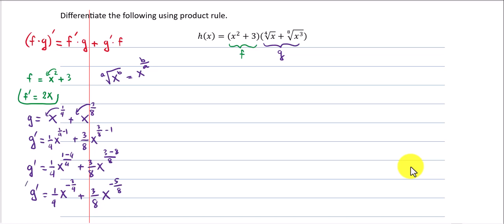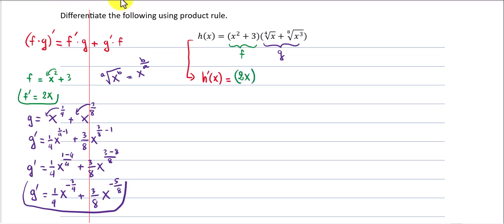So now we have g prime, we have f prime. We are ready to come back here and begin to plug in the formula. So the formula says that it is equal to f prime times g plus g prime times f. Your f prime is 2x.